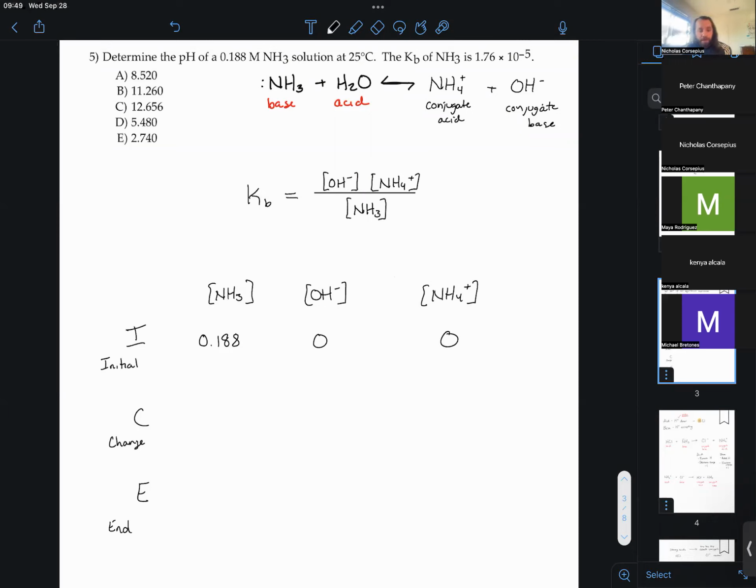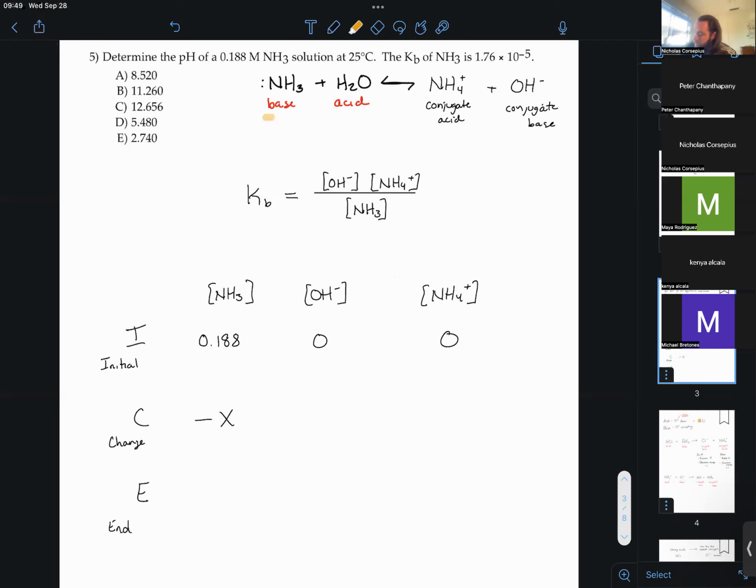My ammonia then, since that's what I started with, is going to decrease in concentration, right? I don't know how much it's going to decrease in concentration though. I know it's going to decrease, but I don't know how much. So that's why I'm going to leave that as this variable X, right? So it's going to decrease by some amount, some variable X.